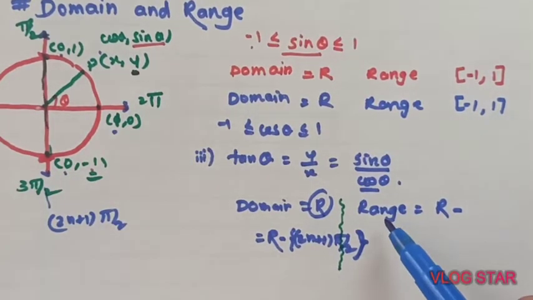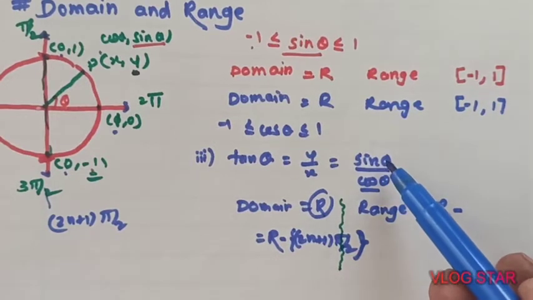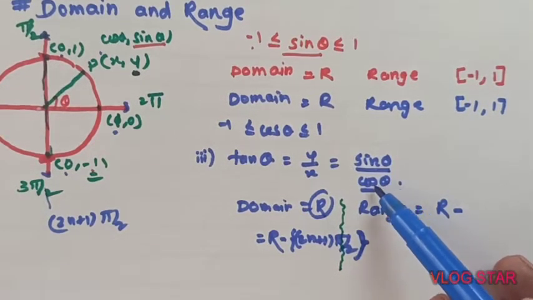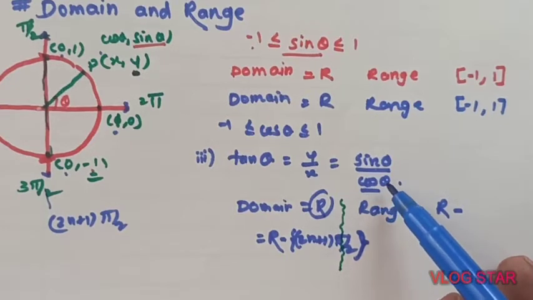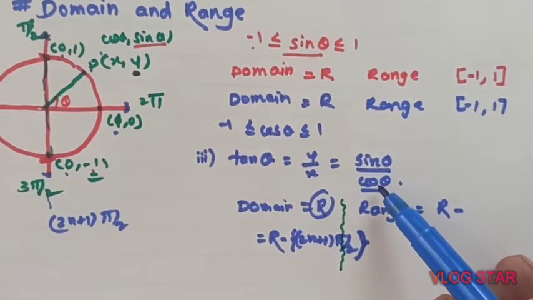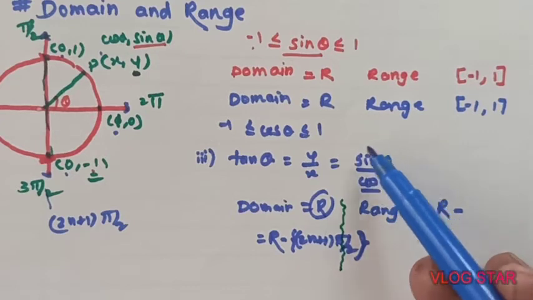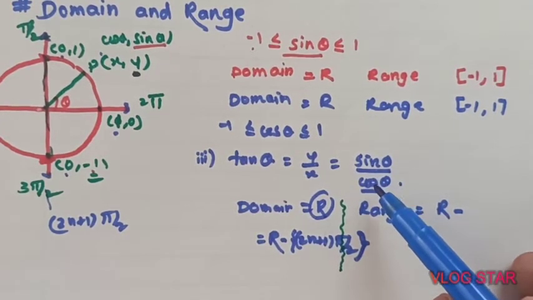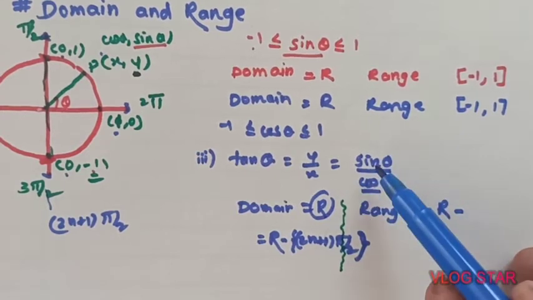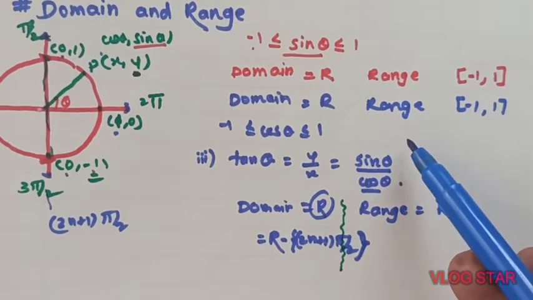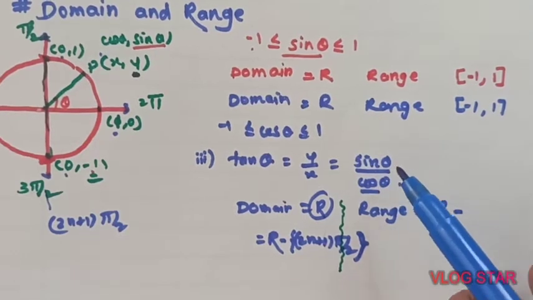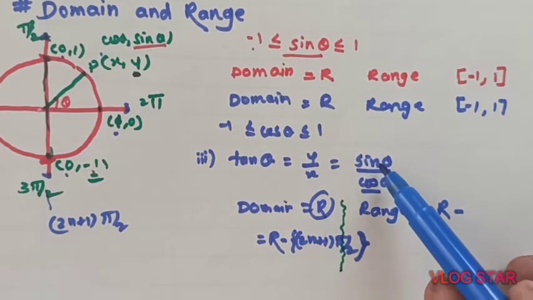What about the range? Range again depends on the values of sine and cos. As cos theta goes on decreasing to 0, the value goes on increasing: the smaller the denominator, the larger the ratio. So that becomes infinity, and the maximum value is infinity. What is the minimum value? It depends on the numerator.